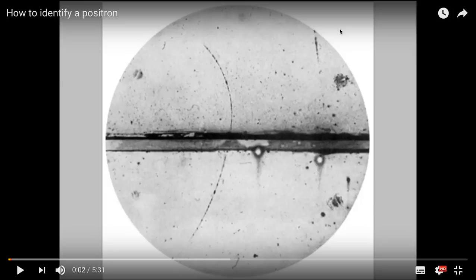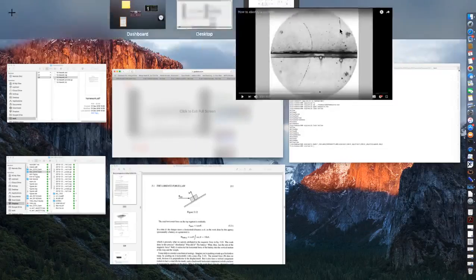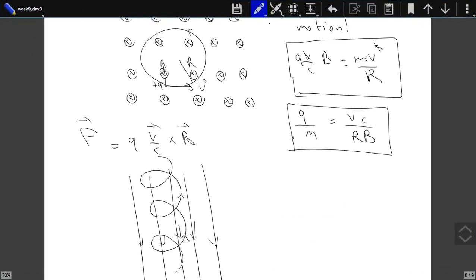By preparing this setup, you know the magnetic field. You know the C. You can measure the radius by just looking at these trajectories. So basically you know everything on the right-hand side if you know the energy. You know the velocity, you know the C, you know R, you know B, so you can determine the Q over M ratio.